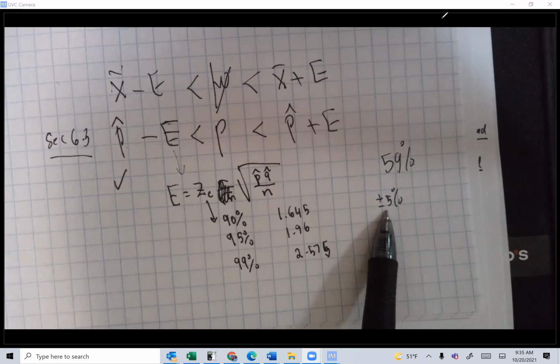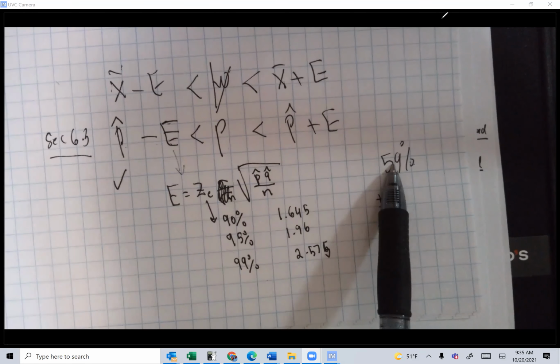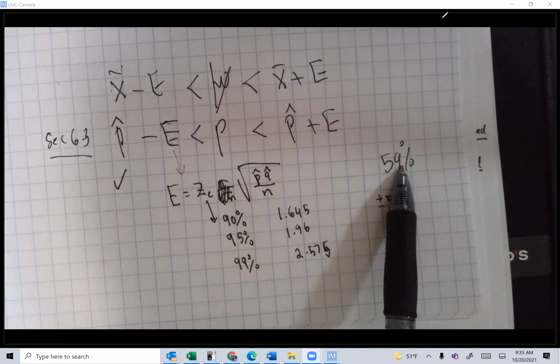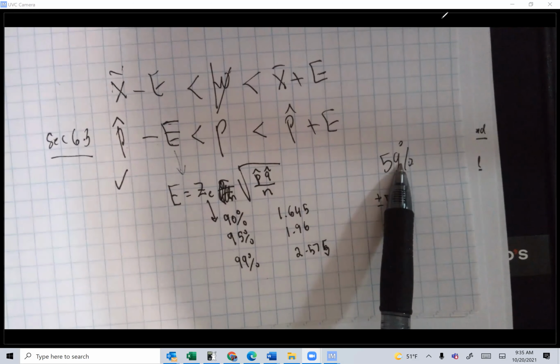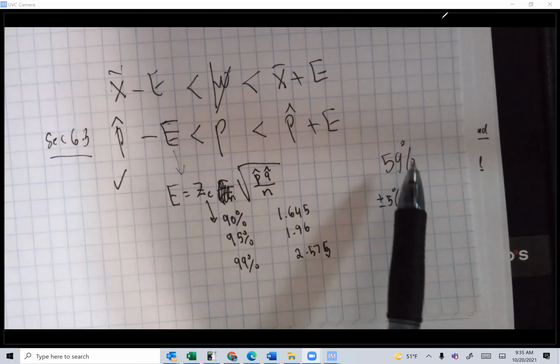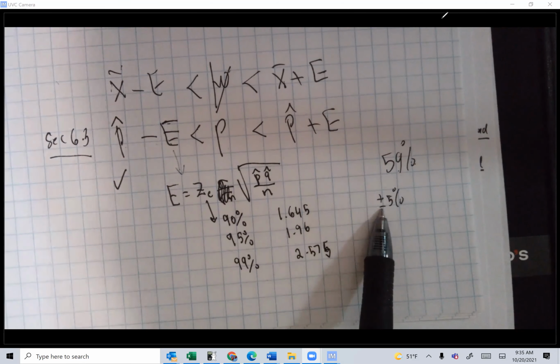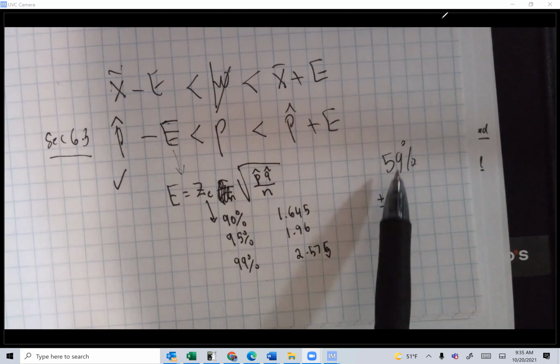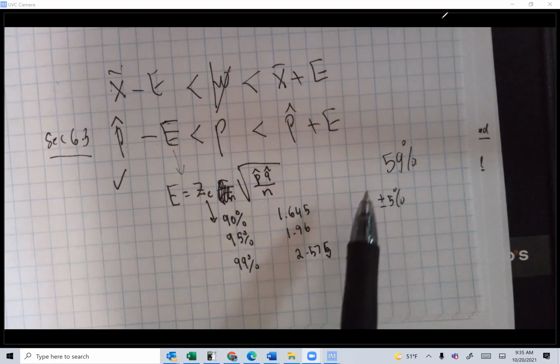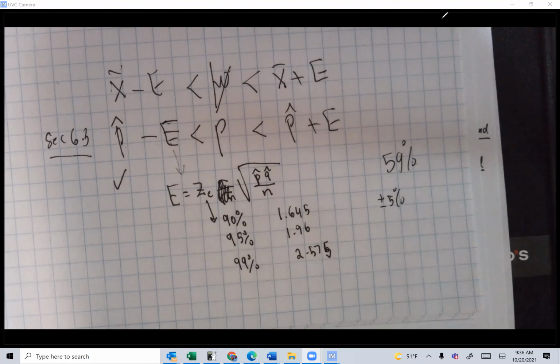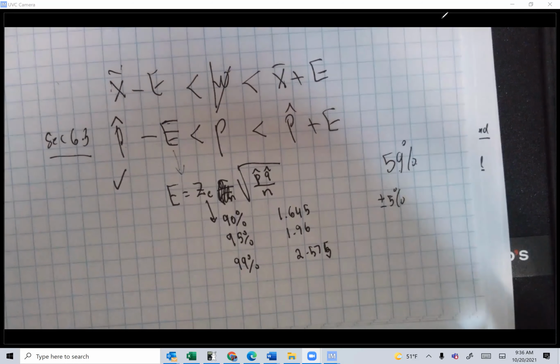So when you see that they're predicting that someone will get 59% of the votes, it's not exactly 59%, guys. It's 59% minus 5 all the way to 59% plus 5. It could be any of the values in between 54 and 64. And now, since you're learning confidence interval, now you understand what that means.